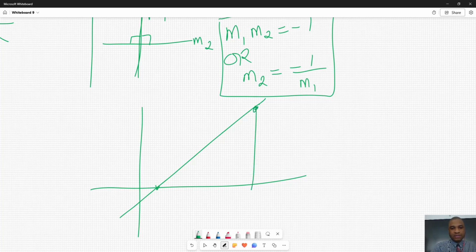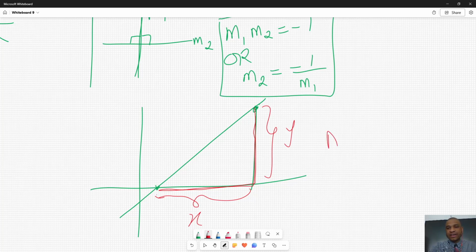This is my rise, the distance between them, and this is my run. So x2 minus x1, and y2 minus y1. Gradient is rise over run, or y2 minus y1 over x2 minus x1.